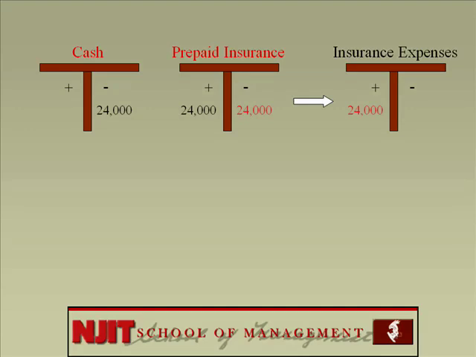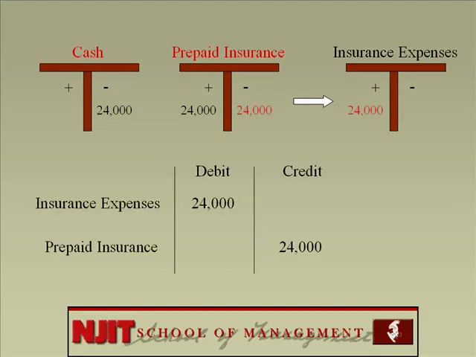So the journal entry is insurance expense, debit 24,000, prepaid insurance, credit 24,000. As I said before, prepaid insurance is only a temporary account.